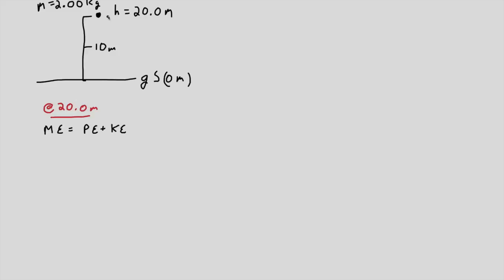And they told us that the velocity of the rock to start with was at rest, which means 0. So the velocity for the kinetic energy term is going to be 0. 0 times anything is 0. So this whole thing will just go to 0. And we can see now that mechanical energy will be equal to the potential energy.